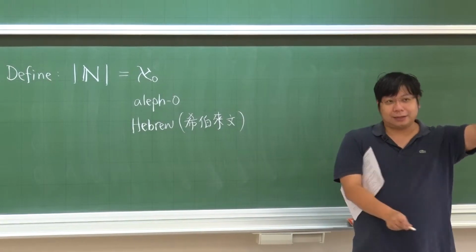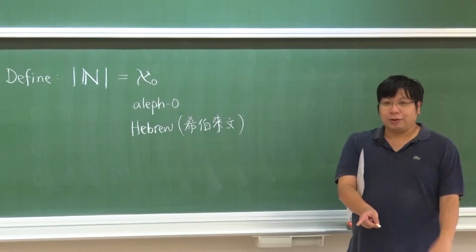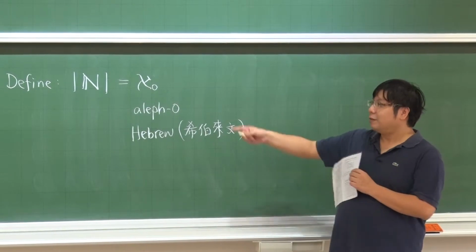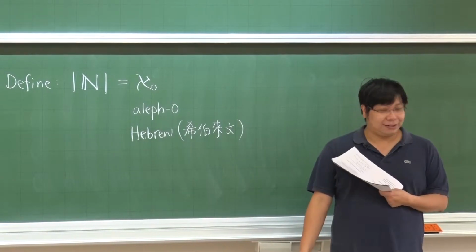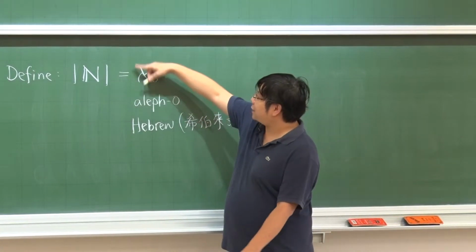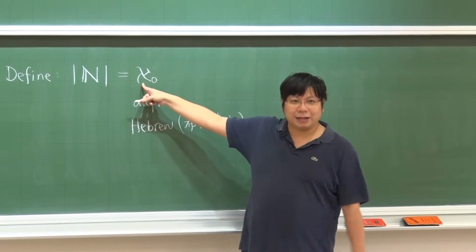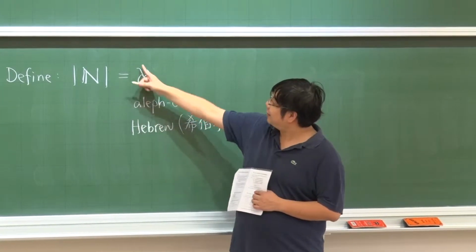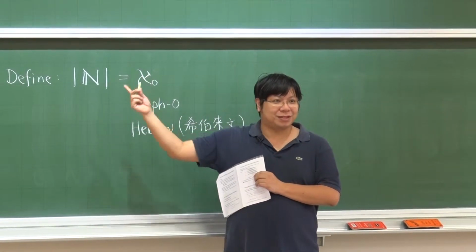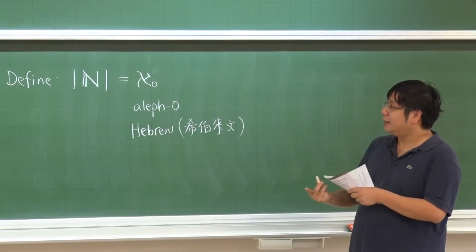It's like A is the first letter in the English alphabet. So for different kinds of alphabets, you have the first letter. In Hebrew, the first letter is Aleph, and they borrow this Aleph symbol for this. It looks like a soldier with a shield in front of him, protecting him. So this is Aleph 0.